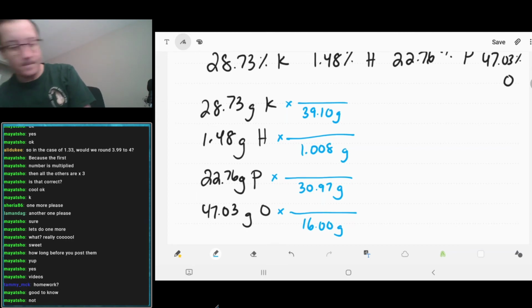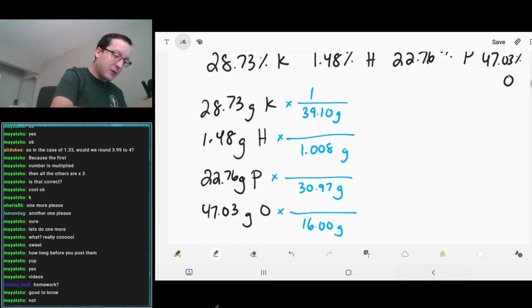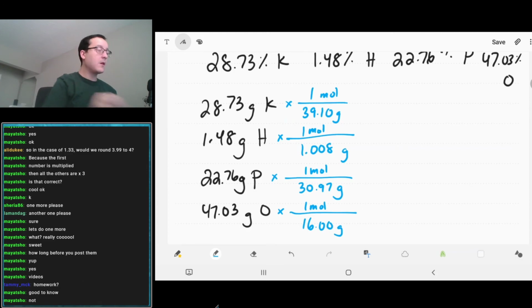And all of these, of course, 1 mole on the top. And this one I have not done ahead, so I'll do them now, so you guys can do them at the same time, which is always awesome. That'll force me to slow down.